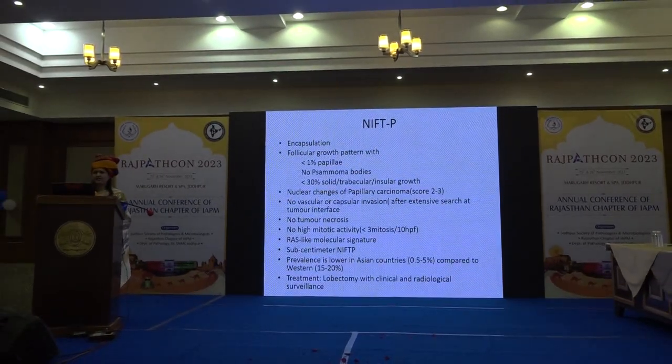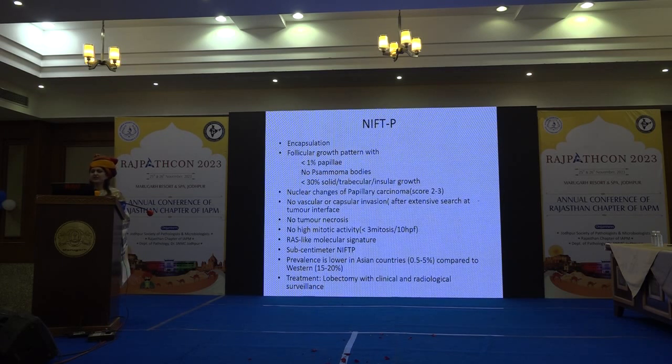Coming to NIFTP, that is always an encapsulated tumor. The follicular growth pattern is there, but what are the criteria to call it NIFTP? Because NIFTP only came in 2017, and now invasive encapsulated follicular variant has come. So you have to be very sure to label any case as NIFTP.